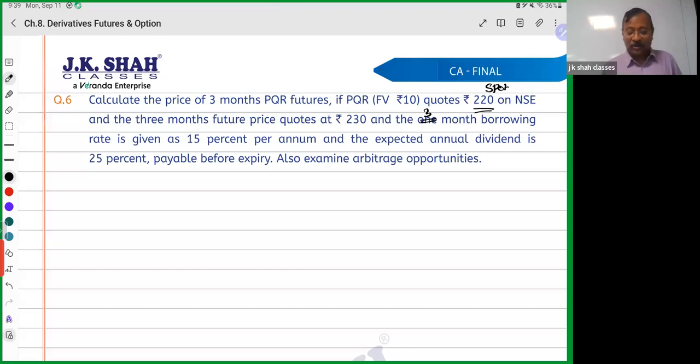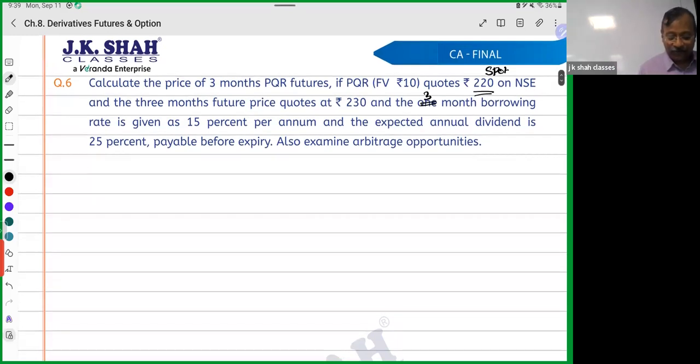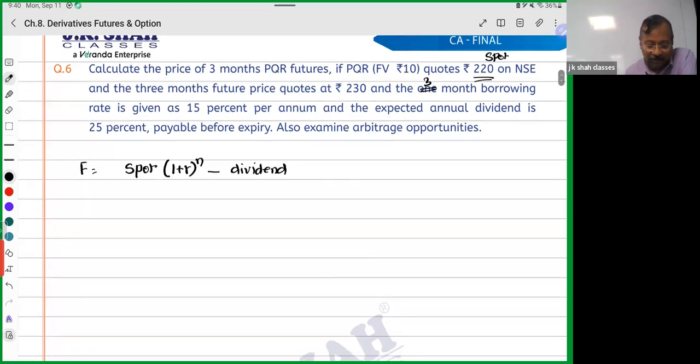Okay. चलो, सबसे पहले future price. ये stock, this is for stock. So it will be spot. Dividend is payable at the end. So we can say spot into (1 + RN) minus dividend. Remember, the rate of interest is not continuously compounded. Okay.